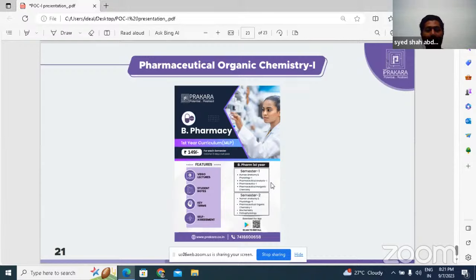Like today, you got to learn about IUPAC nomenclature. You might know how to name structures, but how to name them in a simple way and avoid mistakes, and bicyclic compounds nomenclature was also there. That appears a little complicated, but it is quite simple if you get the concept.